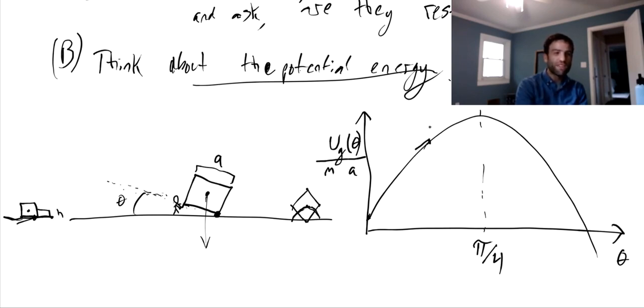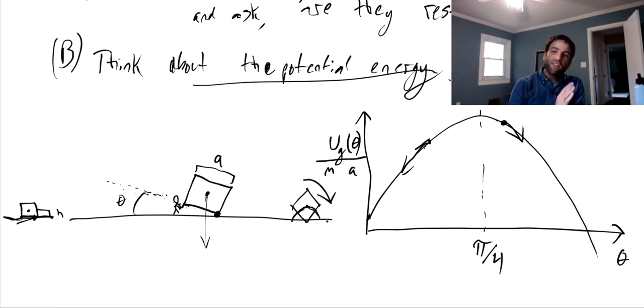And moving this way, down the hill of potential energy, means reducing the angle. So I lift it up by some small angle, I let go, the block goes back to 0 angle. If I lift it up all the way over here, reducing the potential energy as fast as possible means the block won't try to go back this way. It will instead go down in this direction. And going down in that direction means falling over this way.